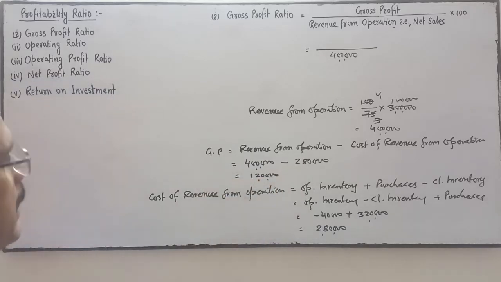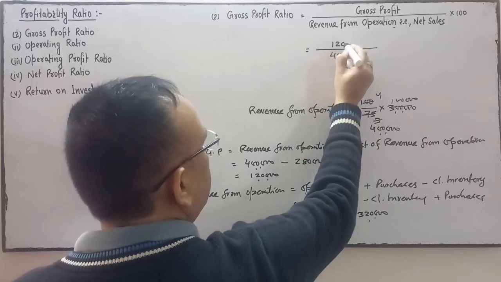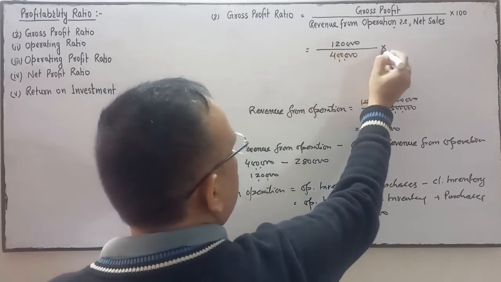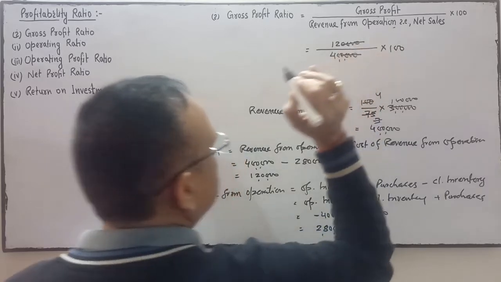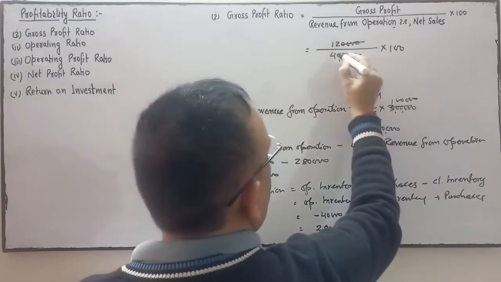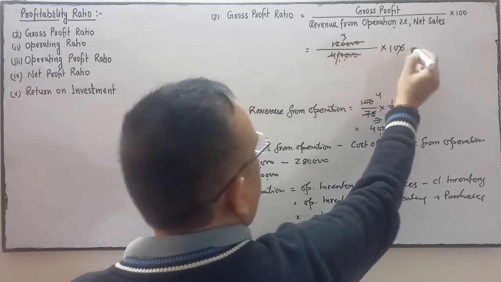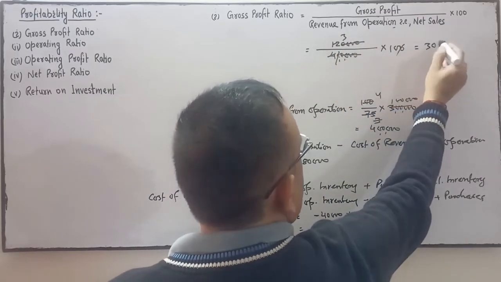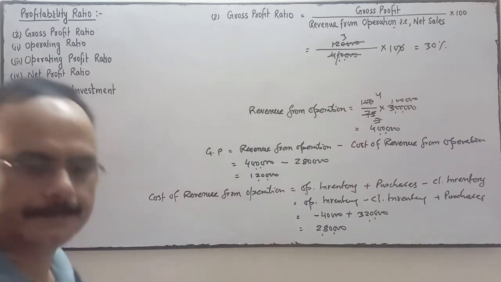Now you write the gross profit over here, 1,20,000 into 100. So cancel the 40, 3, it means it's 30%. Gross profit ratio is 30%. Is it clear? Gross profit ratio is 30%.